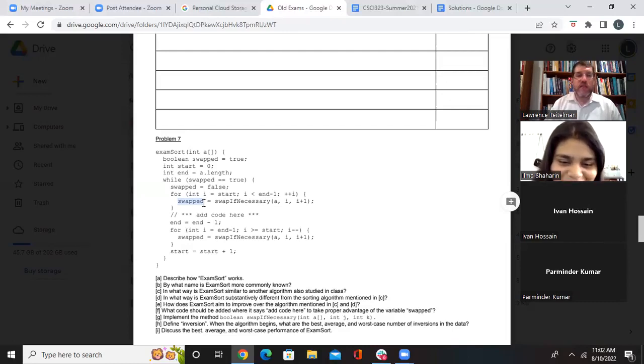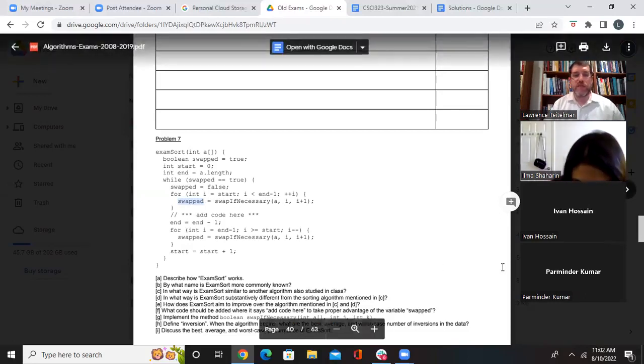And actually, we really should do this swapped differently. There's a little bit of a bug here, I would say. We should say swapped equals swapped or swap if necessary, right? Everyone get that?